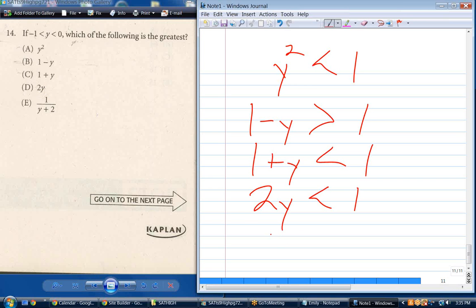And then 1 over y plus 2 is going to be less than 1/2. No, hold on a second. If y were minus 1, that could at most be less than or equal to 1. So which is the greatest? 1 minus y.